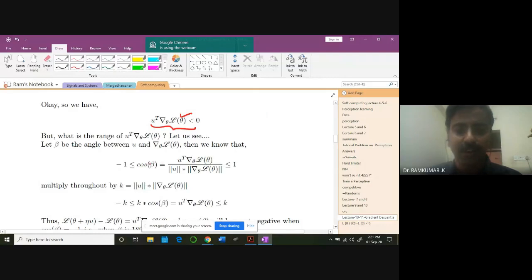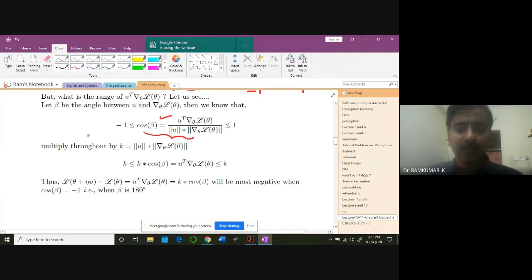Already we learned that the cosine should lie between -1 and +1. So we want a negative value, in that case cos beta should be equal to -1. It means that beta should be 180 degrees.